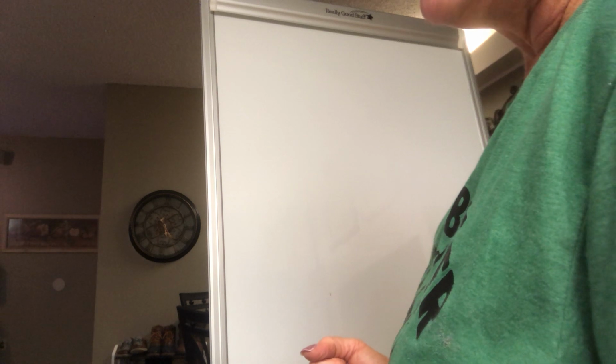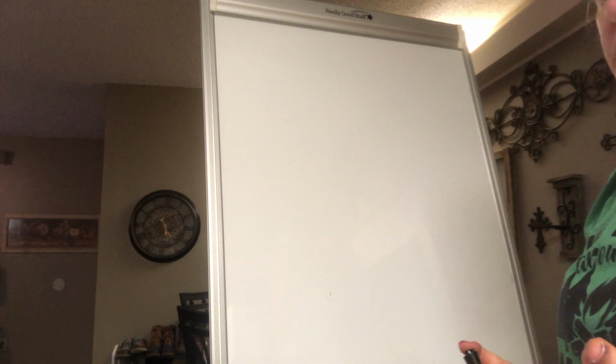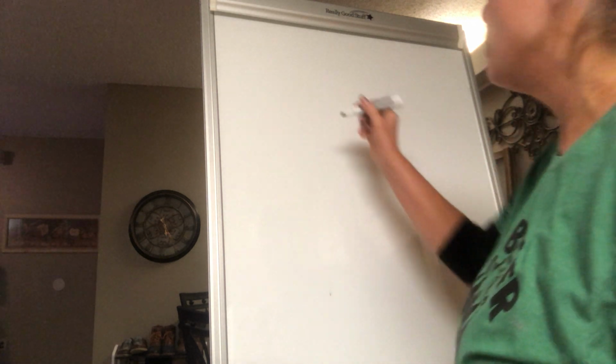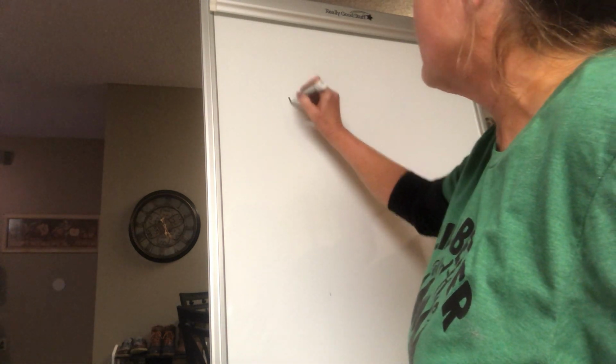Okay, the next one. 4 friends split a half a pound of dried fruit equally. How many pounds of fruit does each friend get? So I have to think about my reasonable answer. Together, all we have is a half a pound starting out with. We don't even have a whole pound.